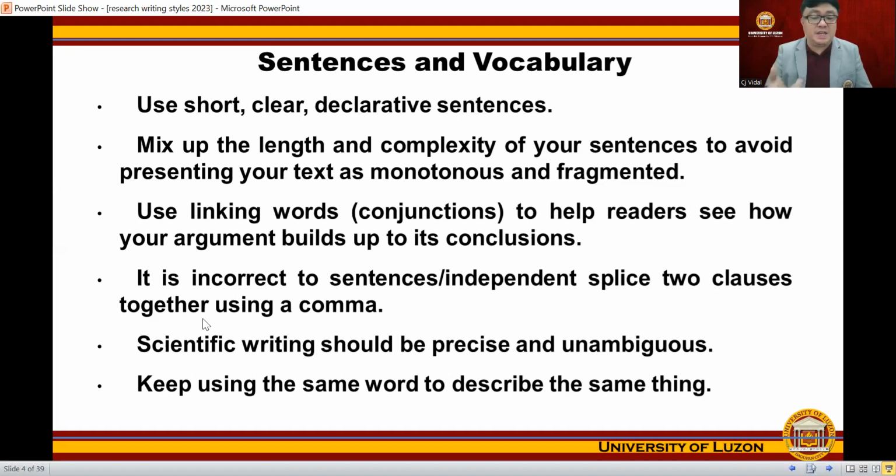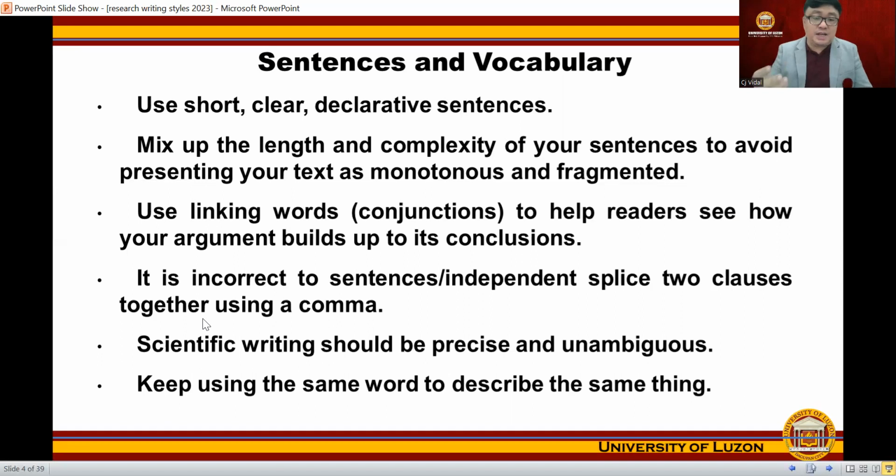Then number five, scientific writing should be precise and unambiguous. So you have to be very careful when using words that you are doing so accurately. For example, do not use while if you mean although, or since if you mean because. These are but some of the examples relating to number five.